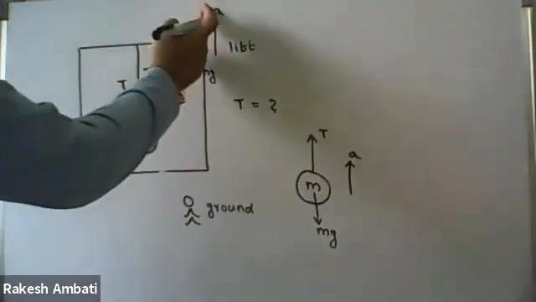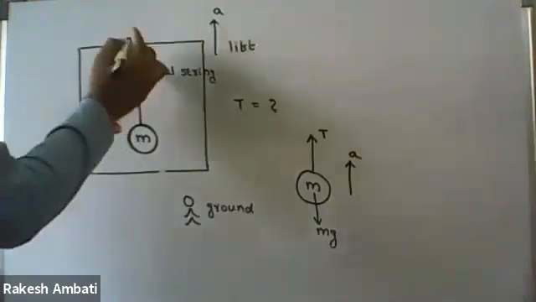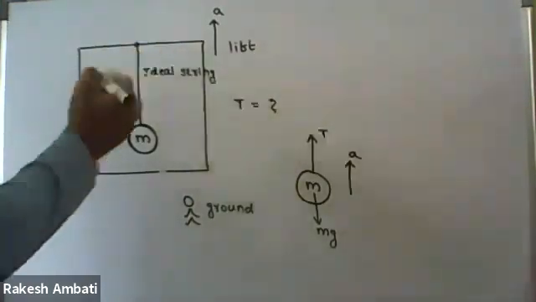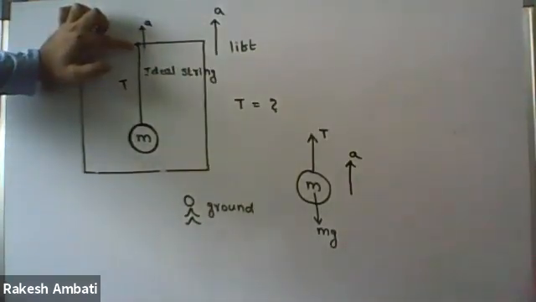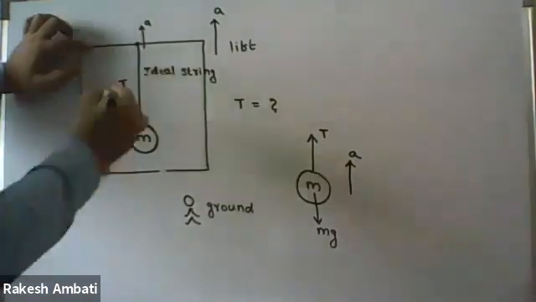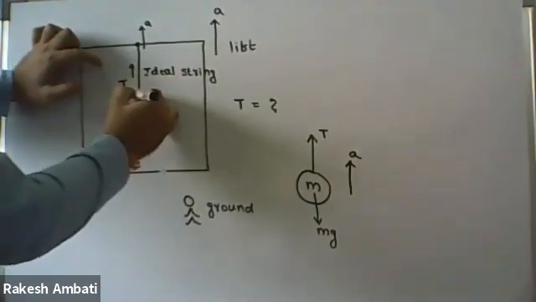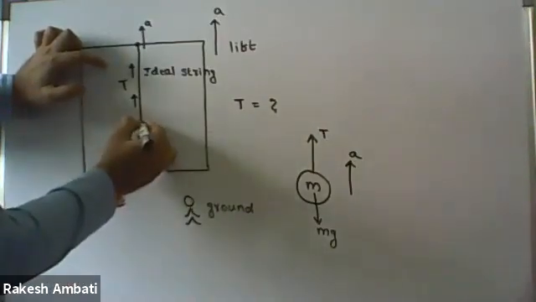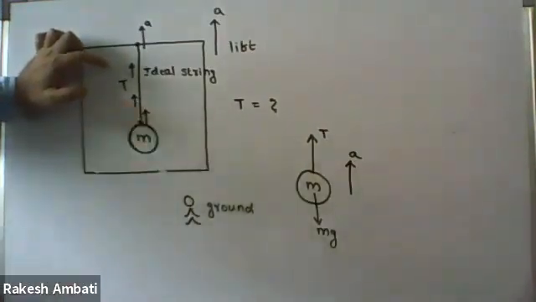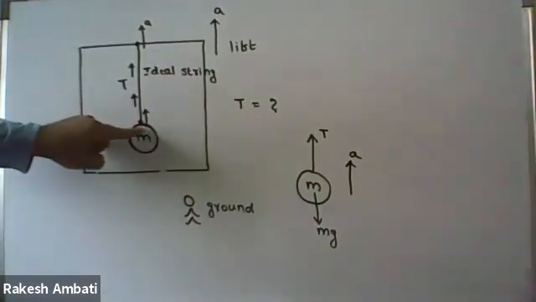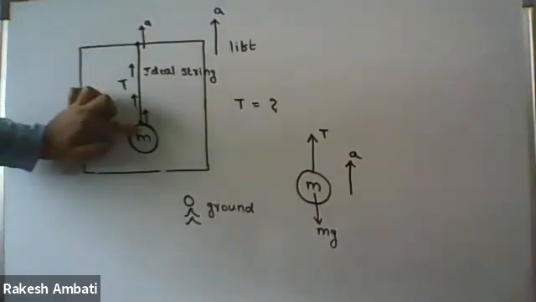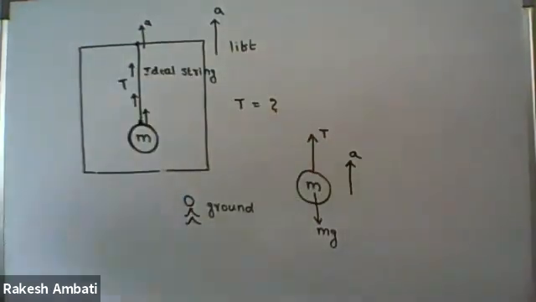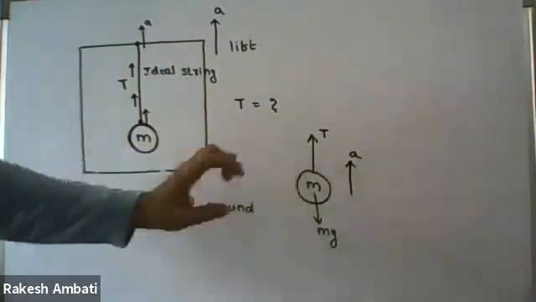Because this point of the lift is moving up with acceleration a, and it is connected to the string. So the string also moves up with acceleration a, and this point of the string is connected to the block, so the block also moves up with acceleration a. That is the mechanism we have.